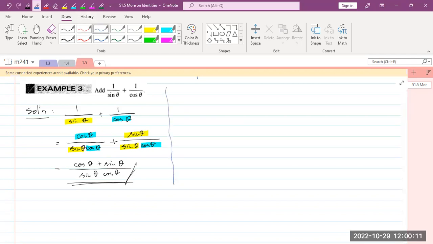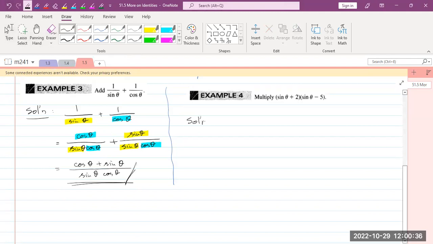Example 4. Multiply sine theta plus 2 and sine theta minus 5. I hope you remember we're basically going to do FOILing here. Solution. We FOIL that. Maybe I write down the question, sine theta plus 2, sine theta minus 5.